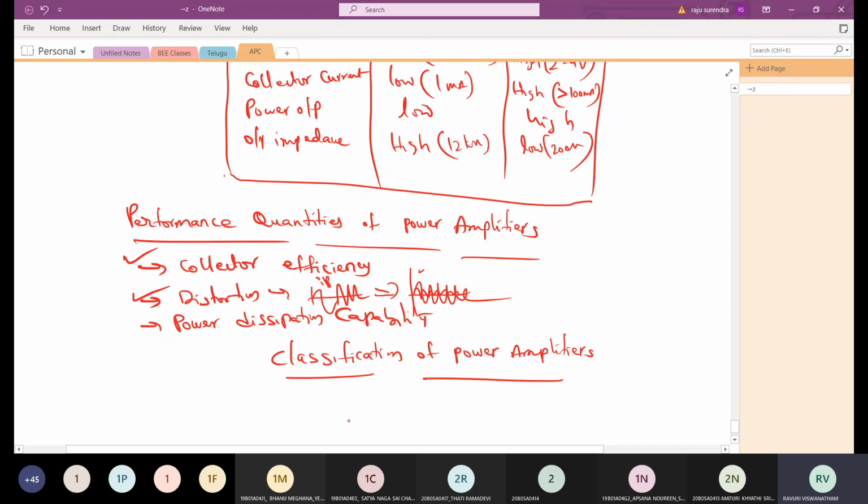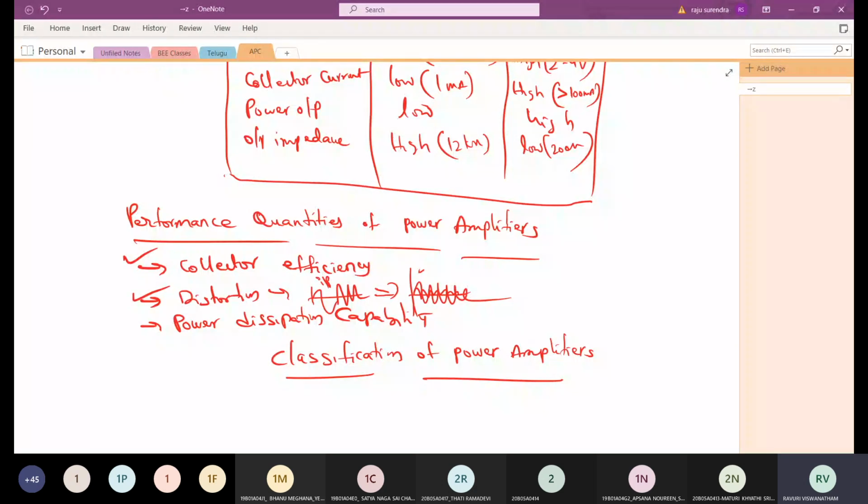When coming to the classification, we are saying that power amplifiers always handle large signals. Whenever we apply an input, it may be 2 to 4 volts, so the transistor may always be in the saturation region.